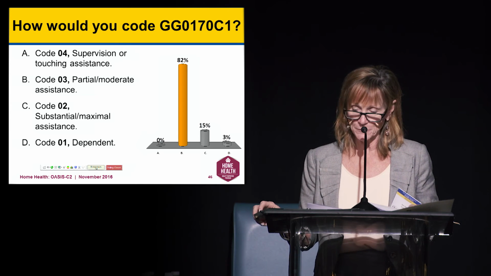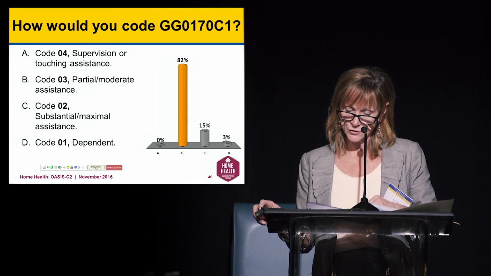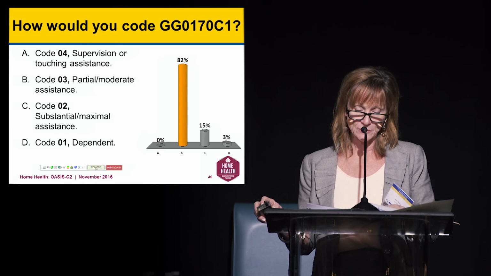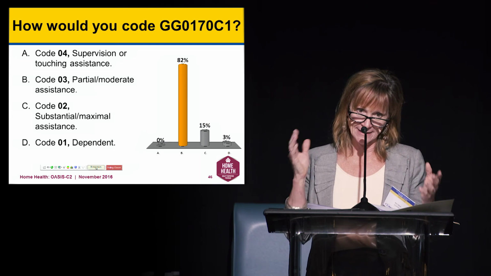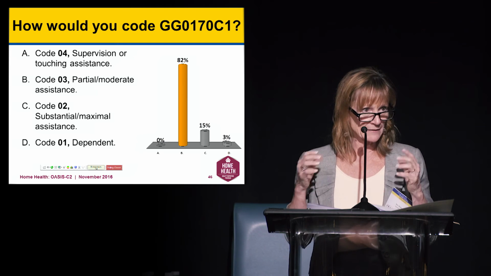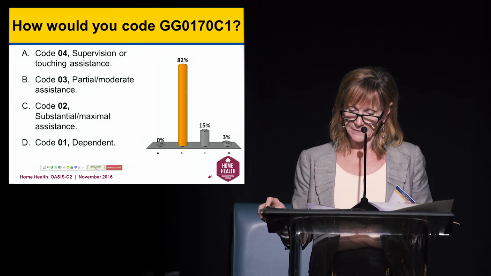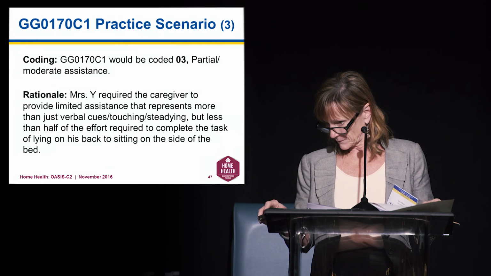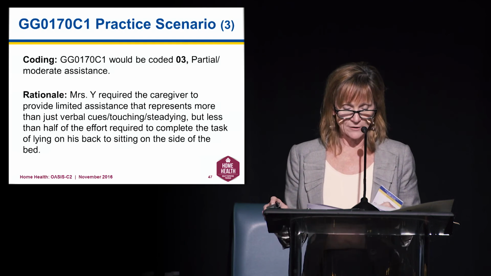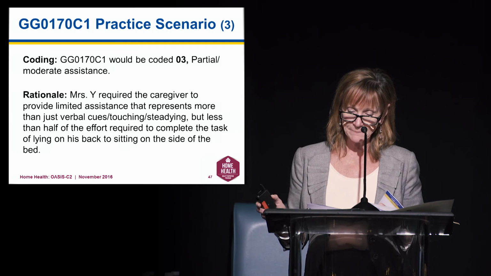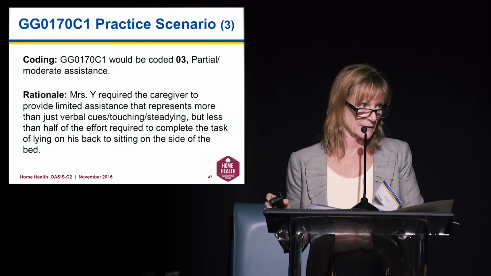We had 15% that chose code 2, which is the substantial and maximal assistance. So again, it's that deciding factor between the less than half or more than half of the effort. When we look at the rationale as to why the correct answer was 3, Mrs. Y required the caregiver to provide limited assistance.